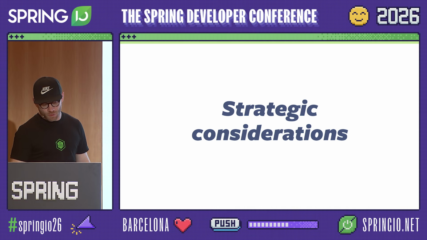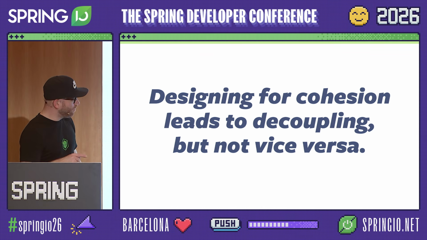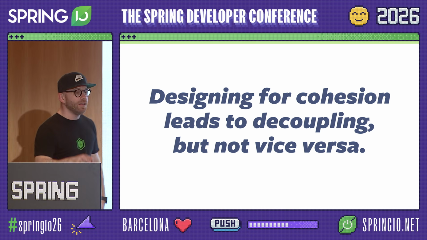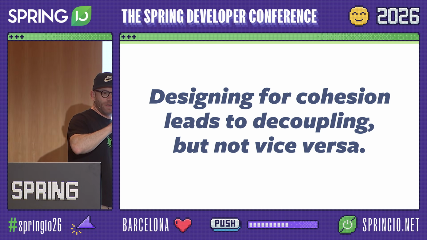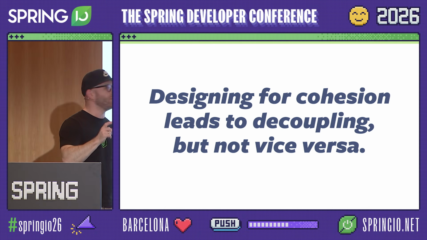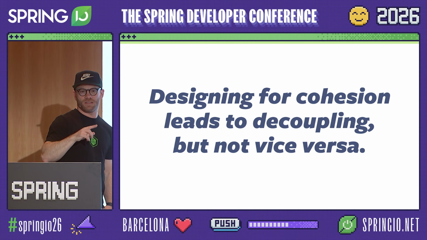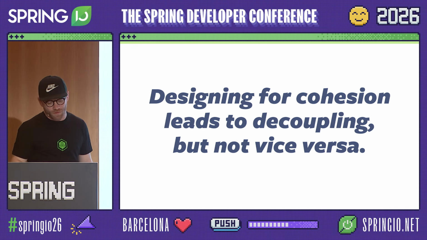And to summarize what I've just been talking about, I hope that got across, right? The interesting observation I made is that when you design for cohesion, trying to build cohesive elements, you automatically get decoupled elements because it just naturally falls into place.